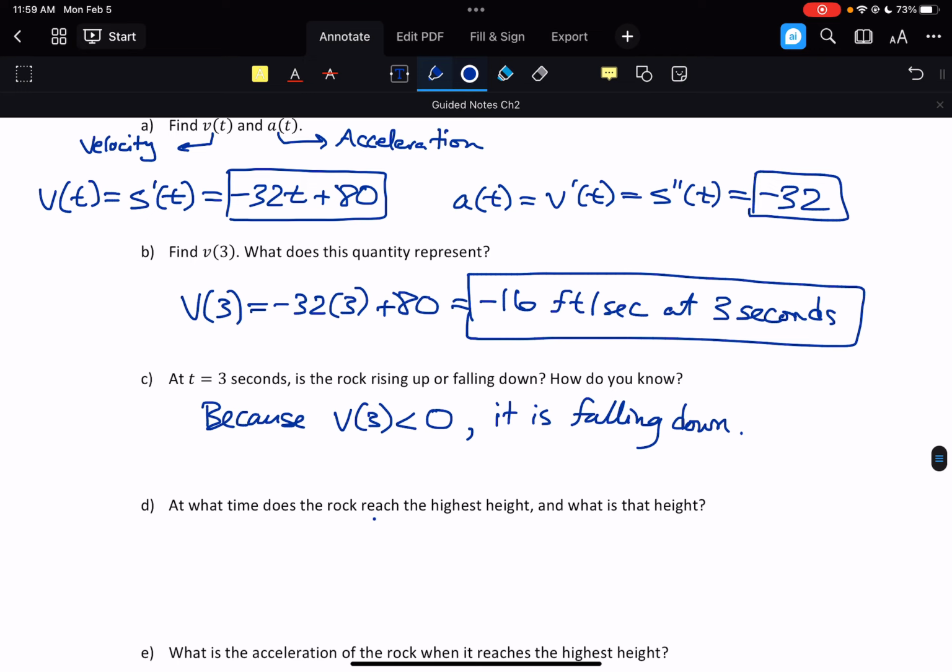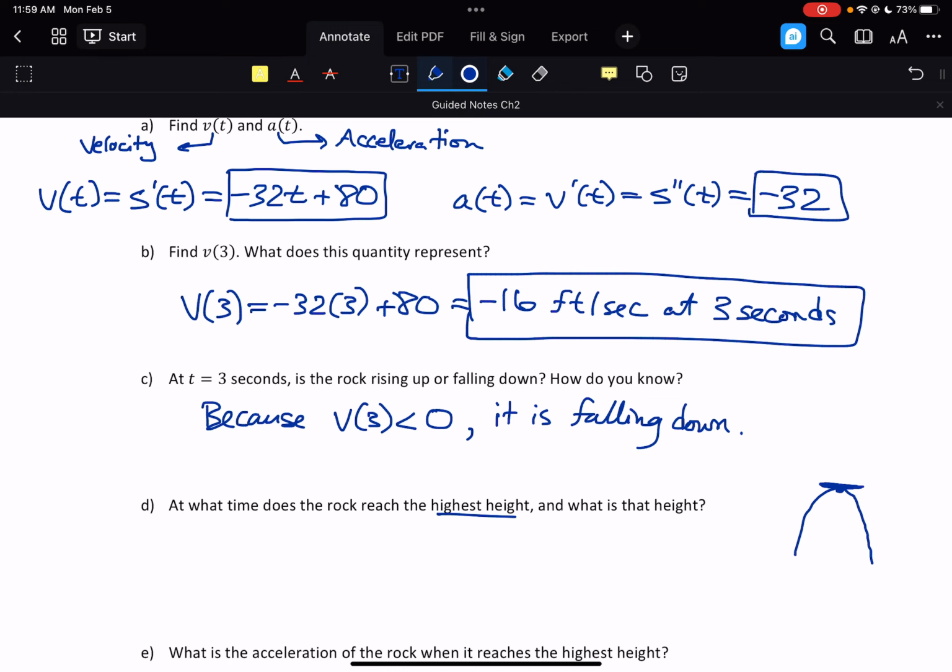At what time does the rock reach the highest height? And what is that height? Well, if you think about the object being thrown like this, the highest height is right up here at the apex, at the peak. That point is where the graph levels out, at the top of this parabolic arc.